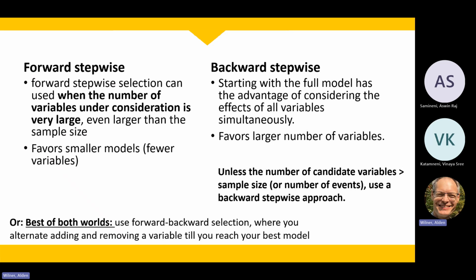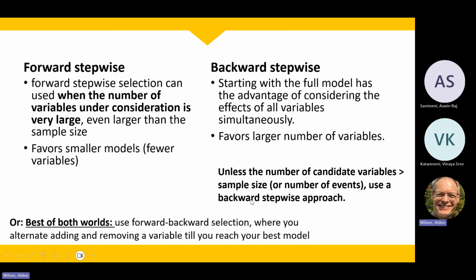If you have way too many features to look at, then you might consider forward selection because of the computational complexity. Using the full model with lots and lots of features is significantly higher than considering fewer features. So forward stepwise would favor a smaller model with fewer variables.